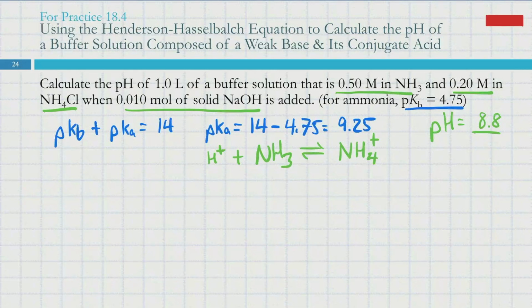NH4+ is going to be our weak acid. This would be our HA. And NH3 would be our A-. I'm mentioning this because those are two of the numbers that we're going to be putting into our Henderson-Hasselbalch equation.